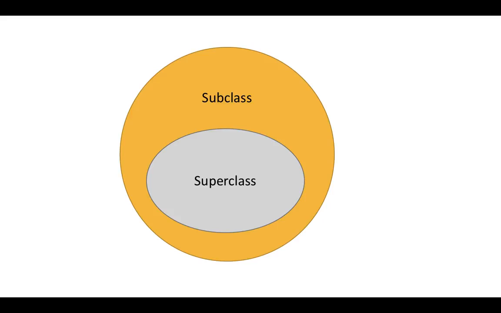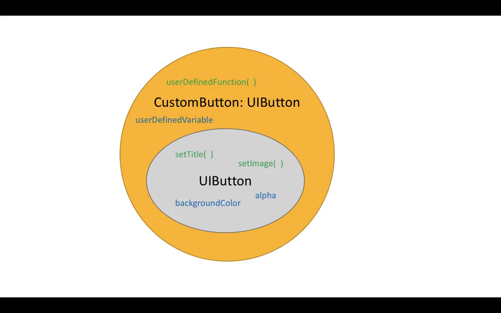So let's see an example using Swift. Inside Swift, we know that there is this thing called UIButton, and inside the UIButton, there are predefined functions like setTitle and setImage, and there are also predefined variables like backgroundColor and alpha.